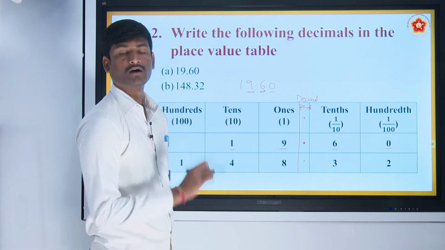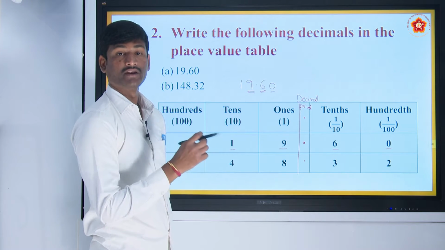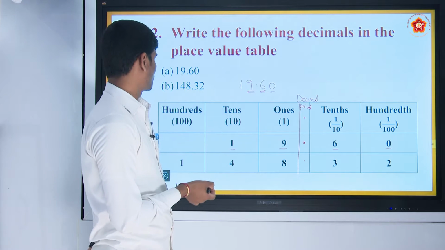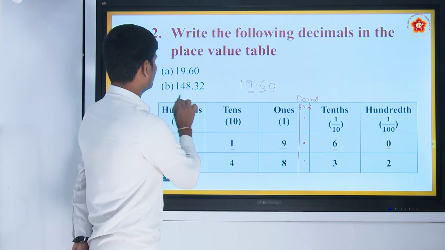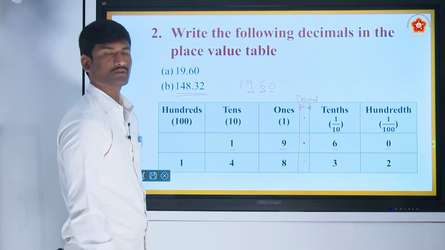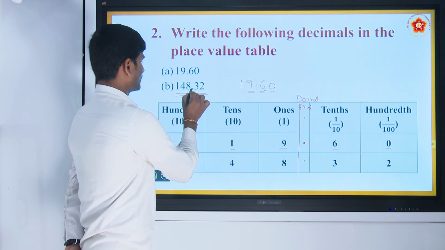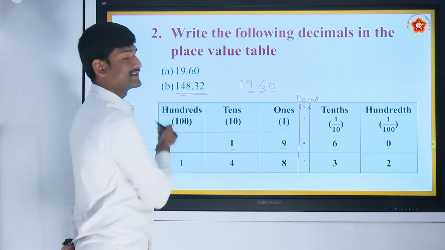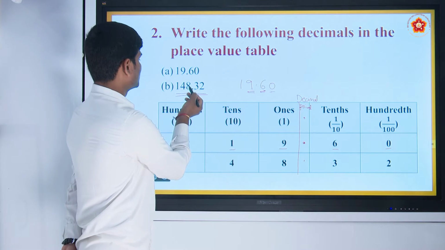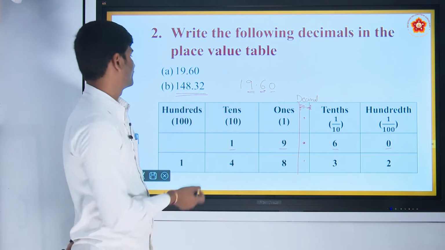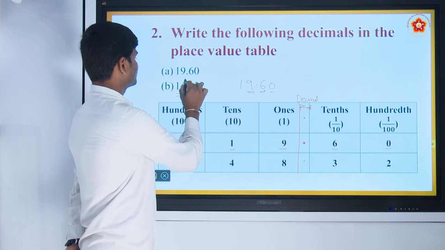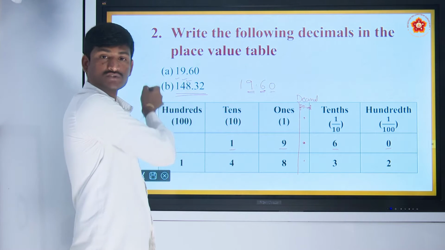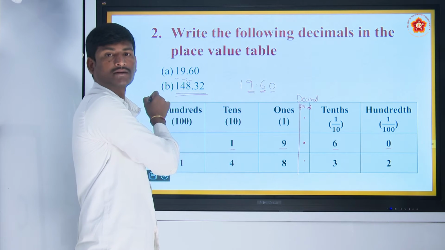Then second one, 148.32. After the decimal we read it as thirty-two, not thirty-two. Towards the left side of the decimal point, what is the place value of 8? 1's, 10's, 100's, 1000, 10,000, 1 lakh.